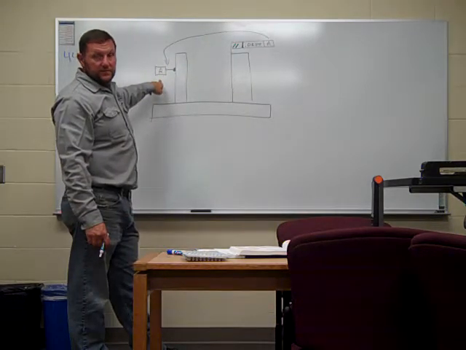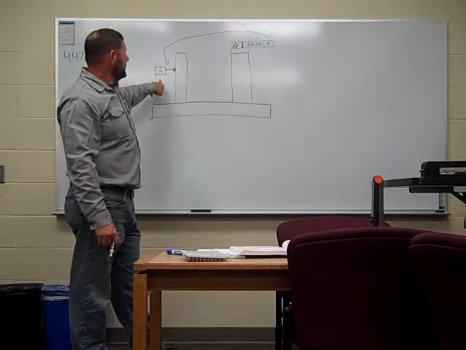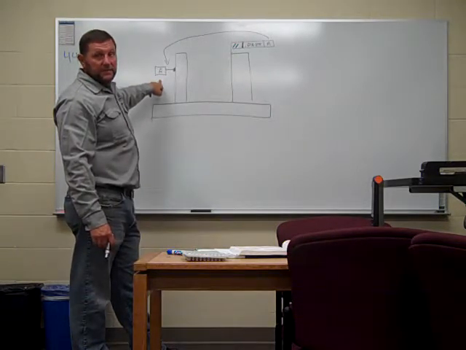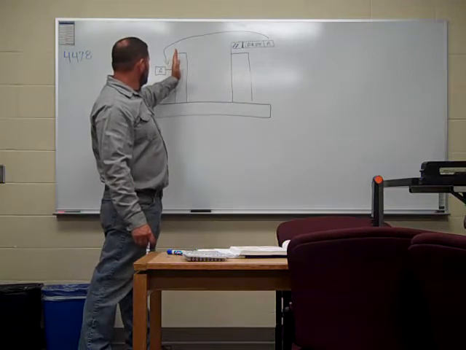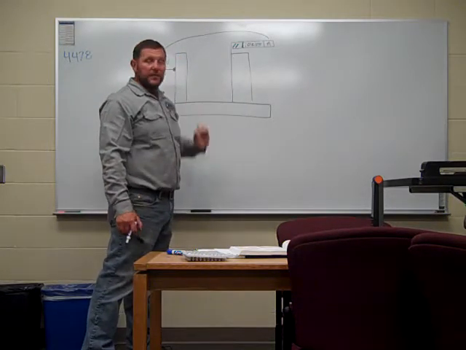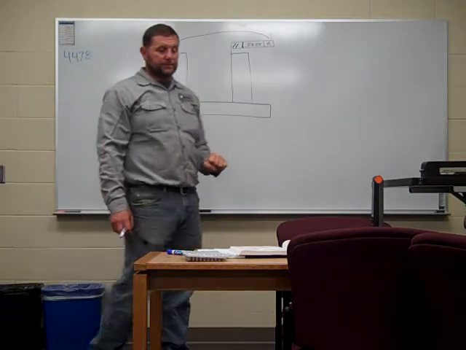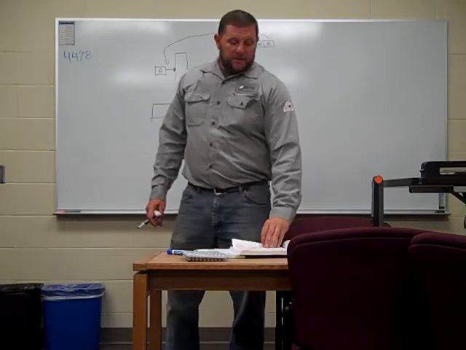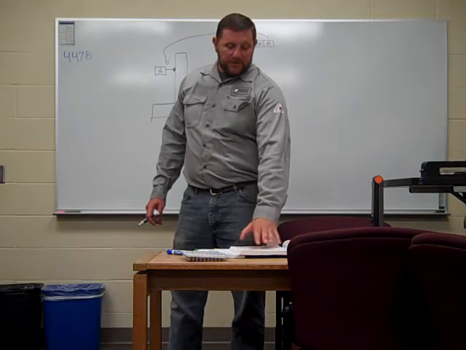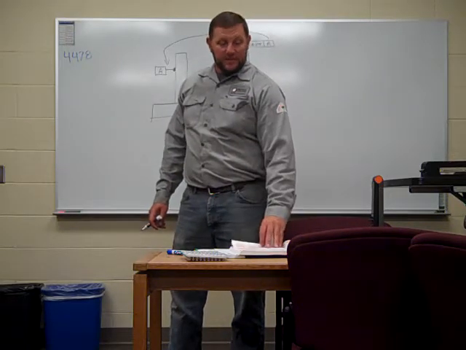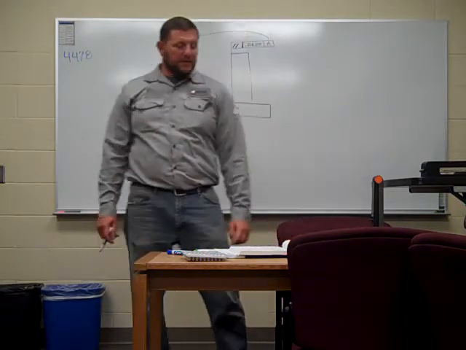That's all it's telling you. Keep it simple. Very simple. Don't get confused. So this edge and that edge have to be parallel within 1/16 of an inch. After weld. They go through a couple other examples of flatness, straightness, things like that.